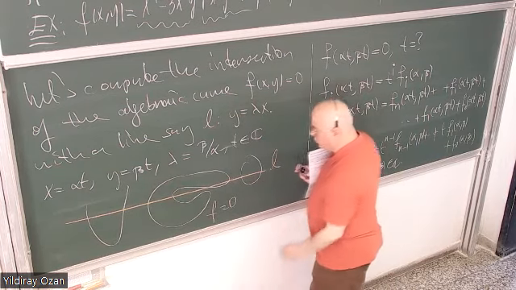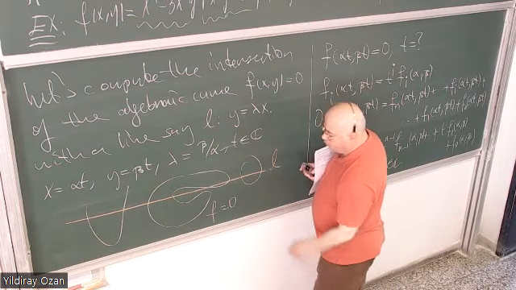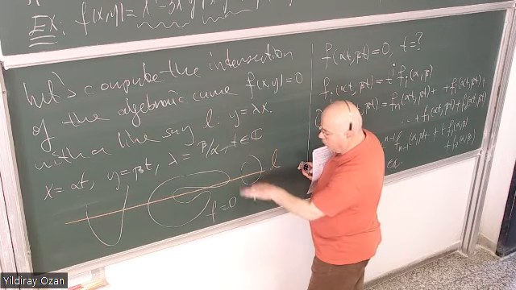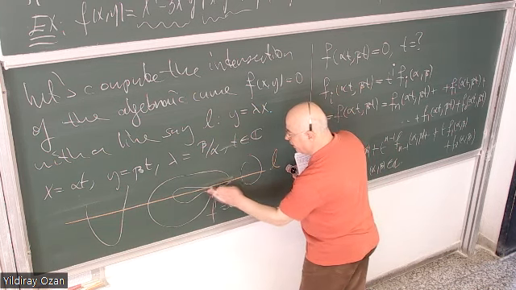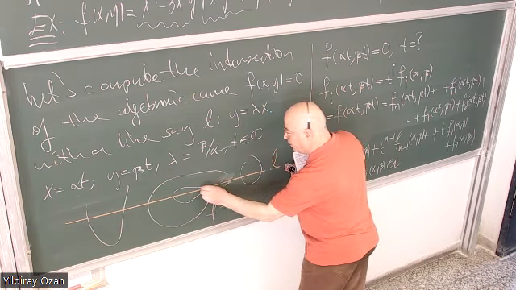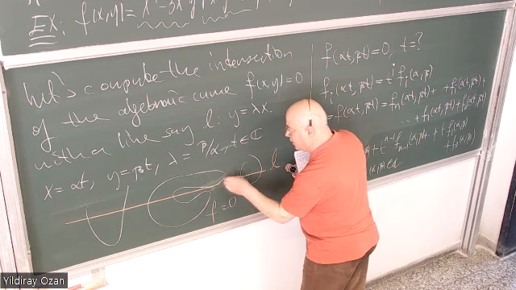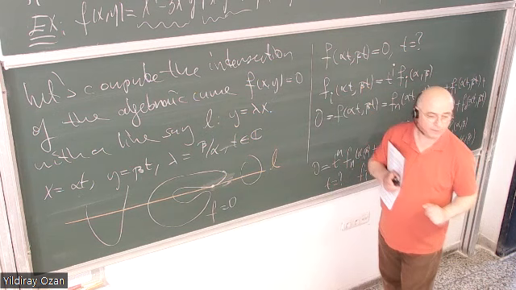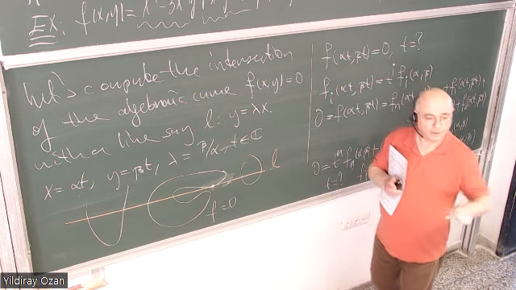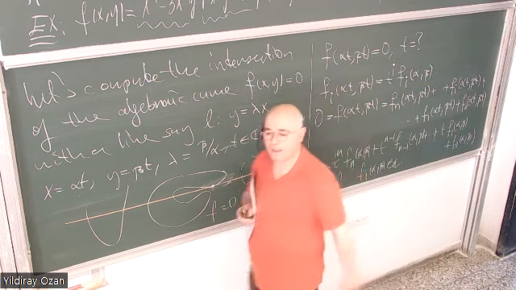Of course, some of them could be double intersection points. Maybe the curve is tangent to the line in this case. So this will be a double point, not a single point, because it is tangent.